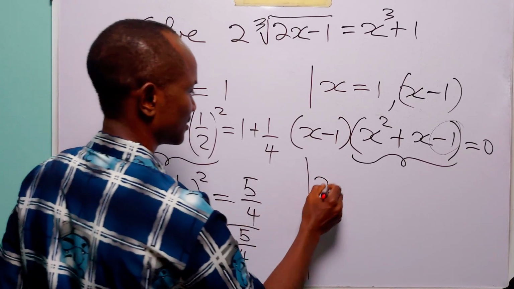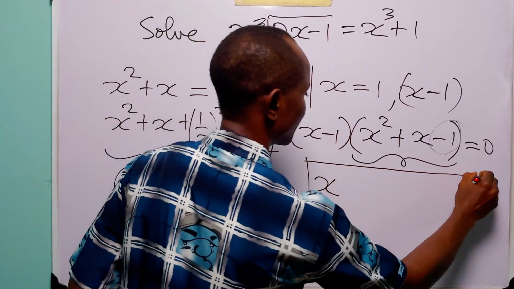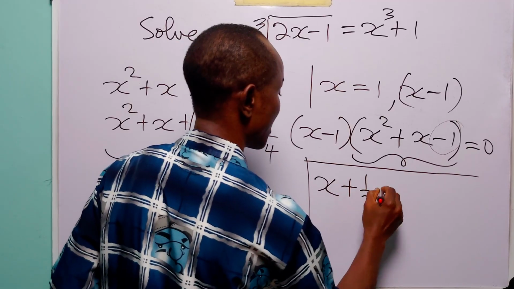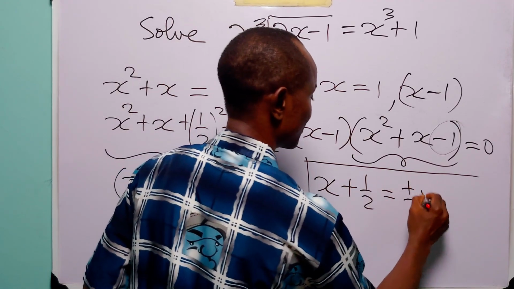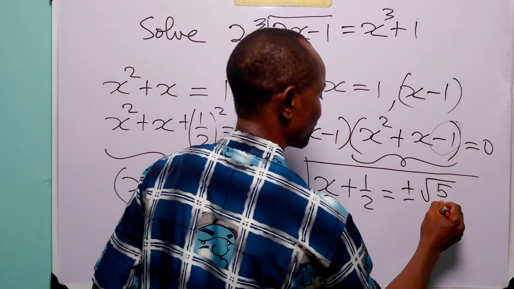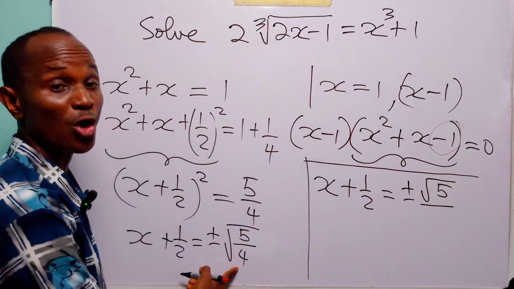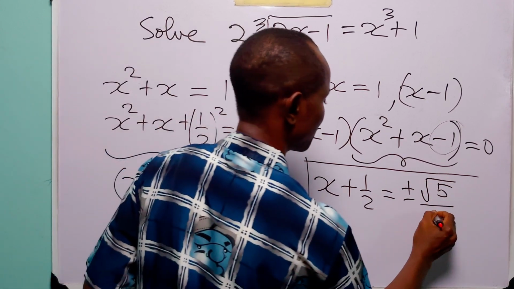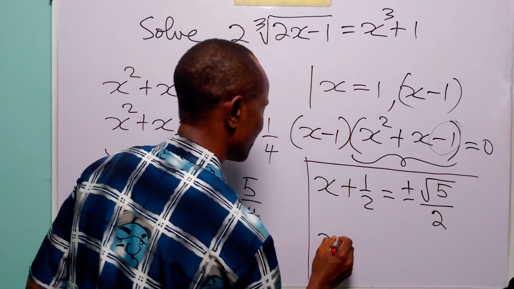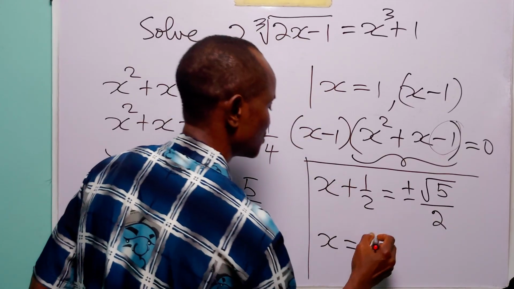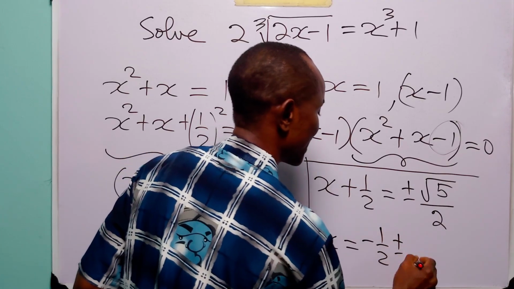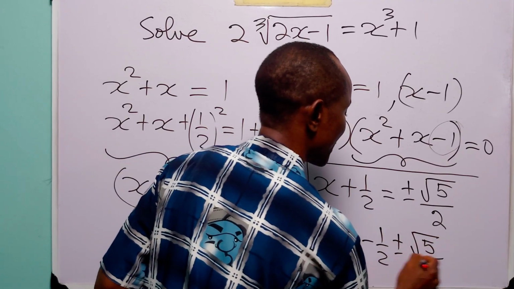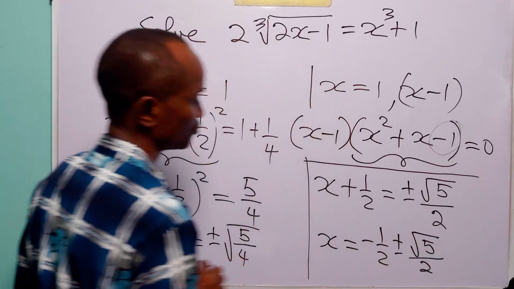From here, we have that x plus half is equal to plus or minus the square root of 5 divided by the square root of 4, which is equal to 2. And of course, from here, we have that x is equal to minus half plus or minus root 5 over 2.